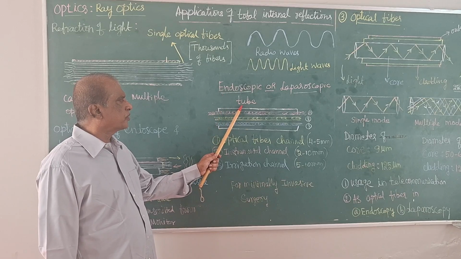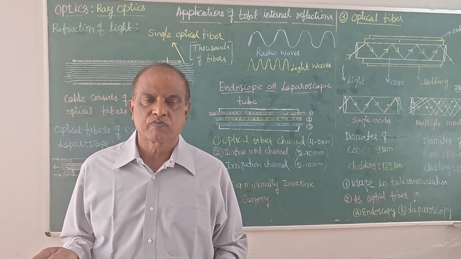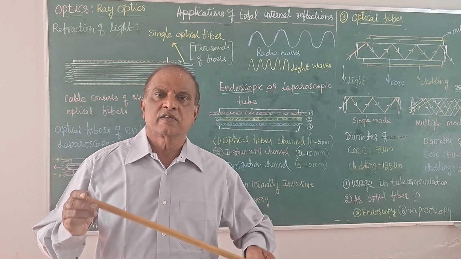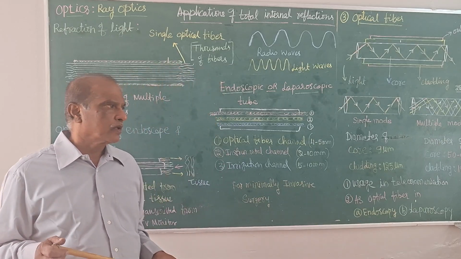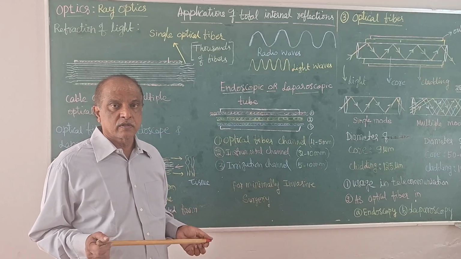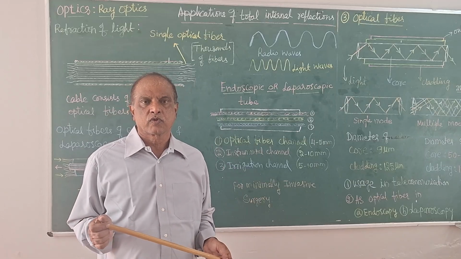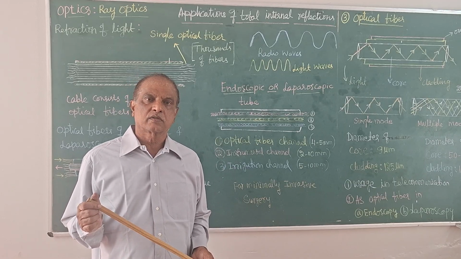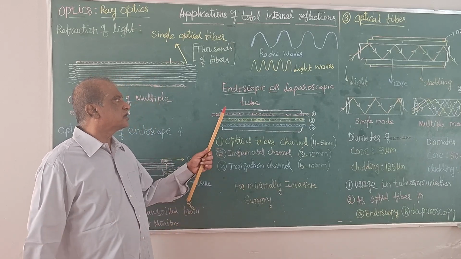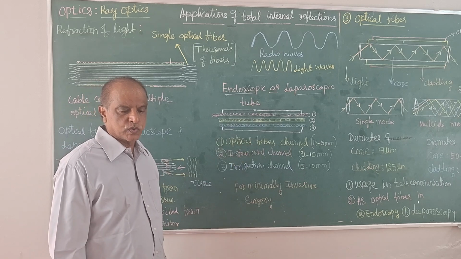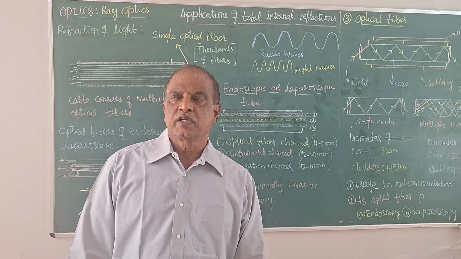And what is an endoscopic tube? Here, in most of the cases, it doesn't require an incision, since we insert this tube through the natural body openings. What are those natural body openings? The mouth, nostrils, the anus, vagina, where we can do the diagnosis and repair of the tissues of the inner lining of these tracts.